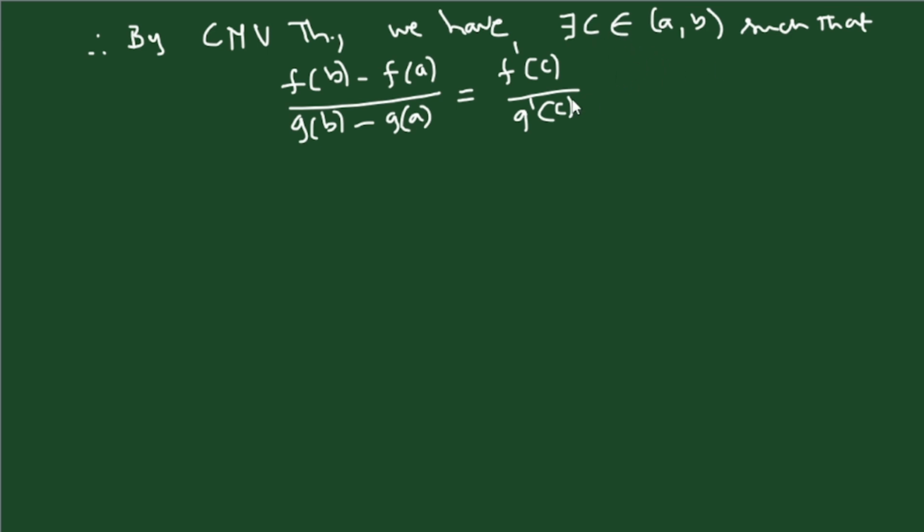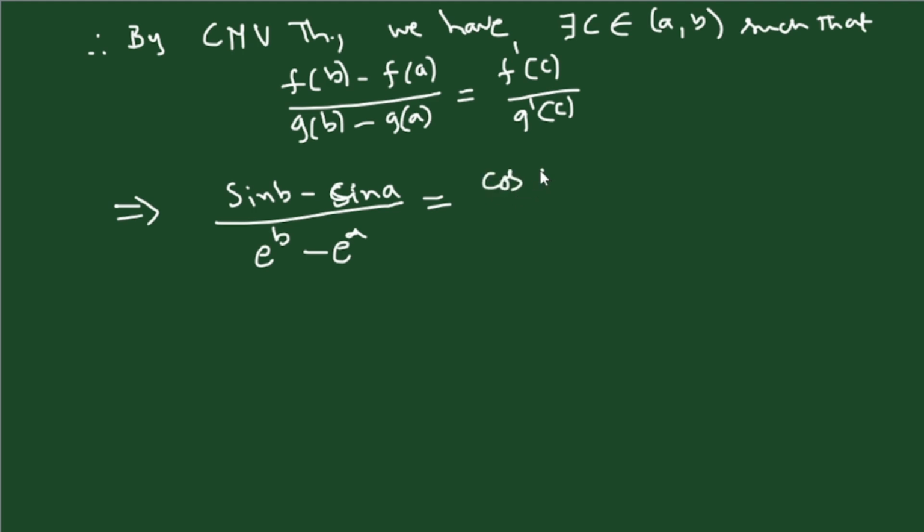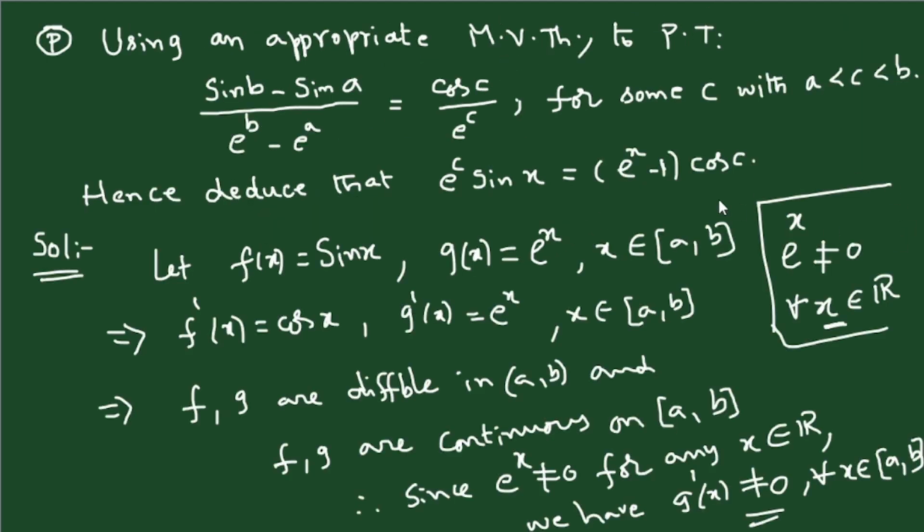For that particular c, this happens, right? So what is f(b)? f(b) is sin b. f(a) is sin a. g(b) is e^b. g(a) is e^a. And equal to f'(c). What is f'(x)? f'(x) is cos x. Therefore, f'(c) is cos c, by g'(c) is e^c, because g'(x) is e^x. So hence the first one is proved. This particular statement is already proved.